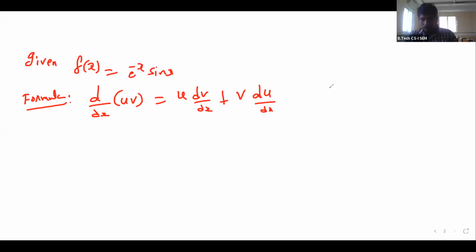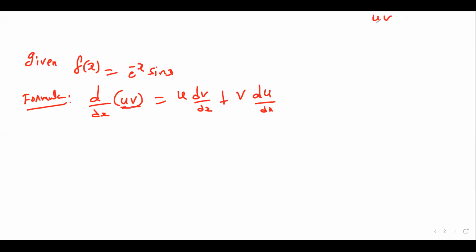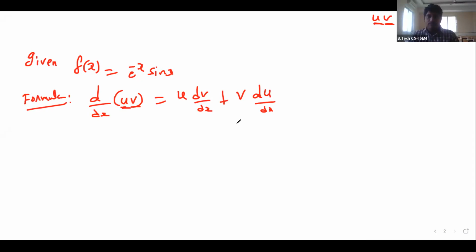That means first into second's derivative plus second into first's derivative. If we have u and v, it is first into second's derivative plus second into first's derivative. That is what UV rule is. Now let us imagine this as u and this as v. Differentiate f of x with respect to x on both sides.